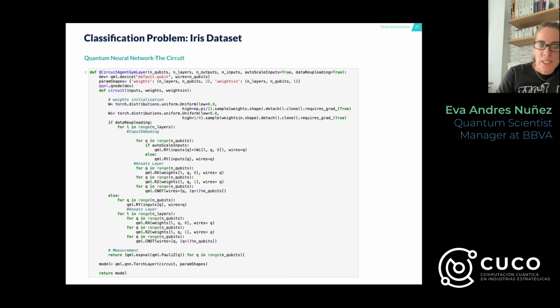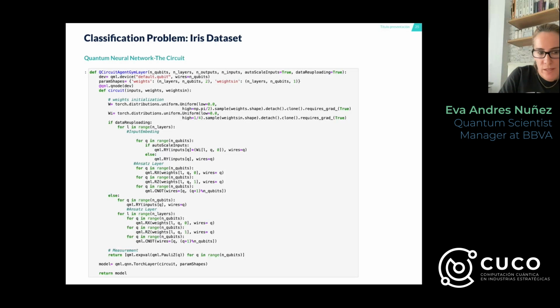This is the composition of the neural network. As you can see, in the case of data reloading, we repeat the encoding layers several times. As you can see, we have here the learning parameters. In case we decide not to use them, we don't have any learning parameters. And for the ansatz, the same, the weights for these layers.